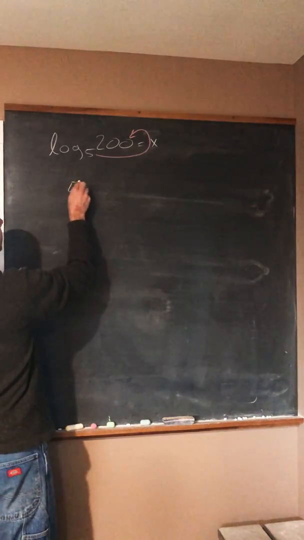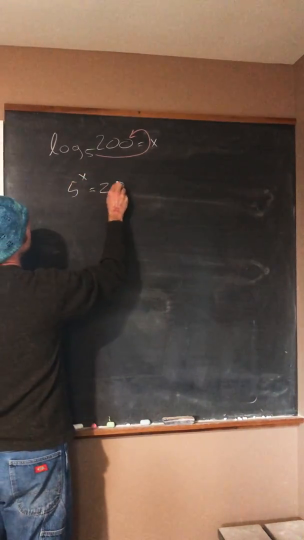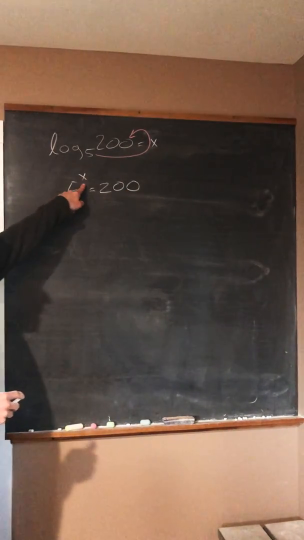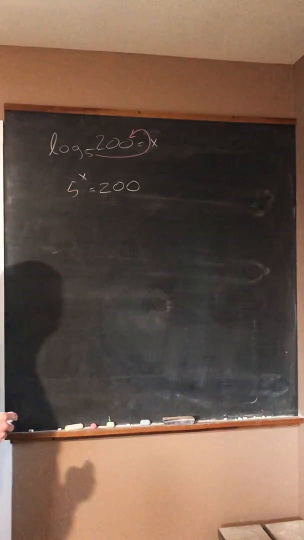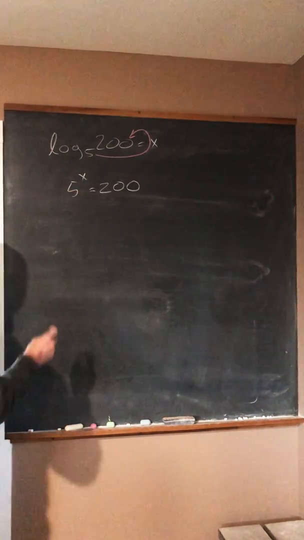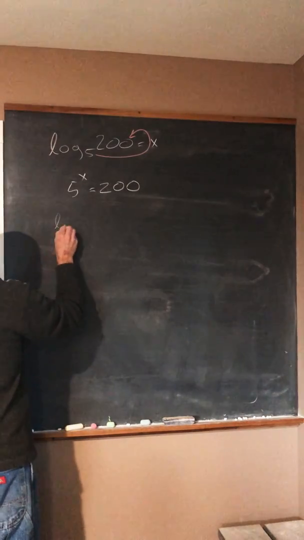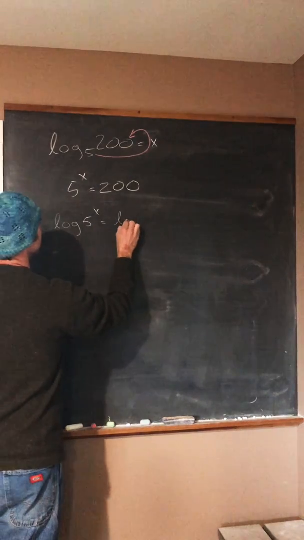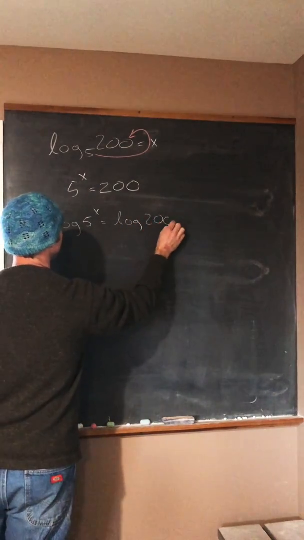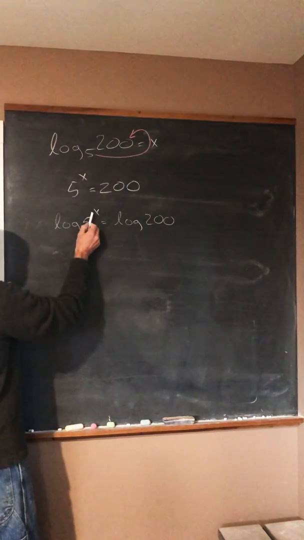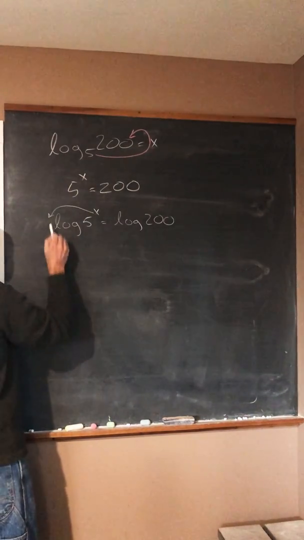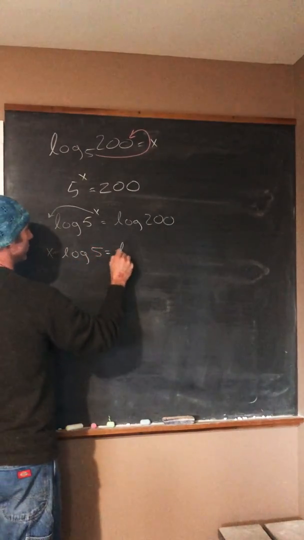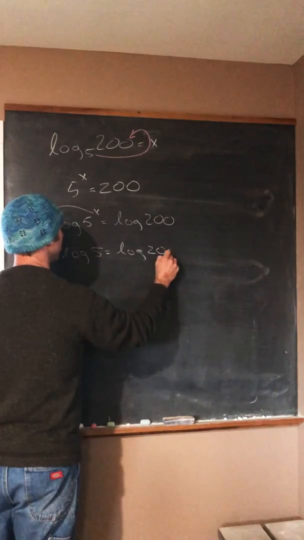So 5 to the x is 200. And I need to get this x out of here. Let's go ahead and log both sides. So I'm going to say log 5 to the x is log 200. Power rule, this guy goes in front. x log 5 equals log 200.